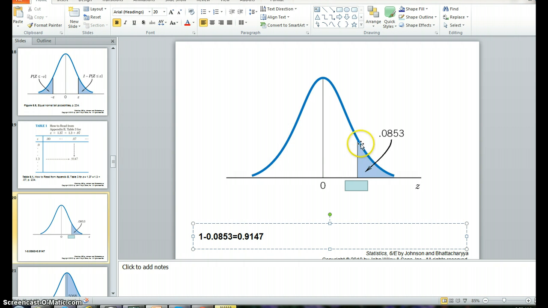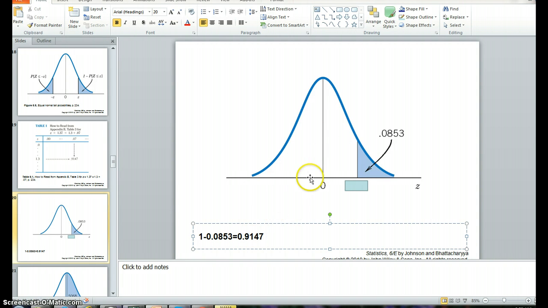Whatever this value is, the right hand side is 0.0853, then the left hand side must be 1 minus that, because the whole area under the curve is 1. So I got the left hand side is 0.9147.